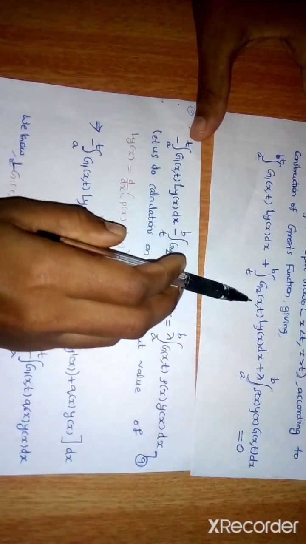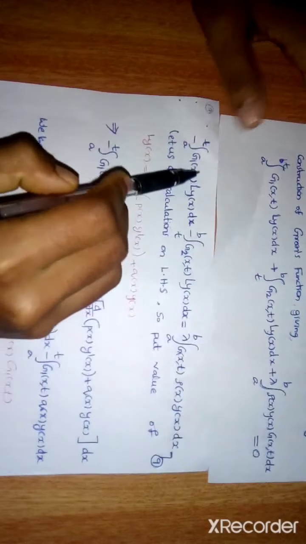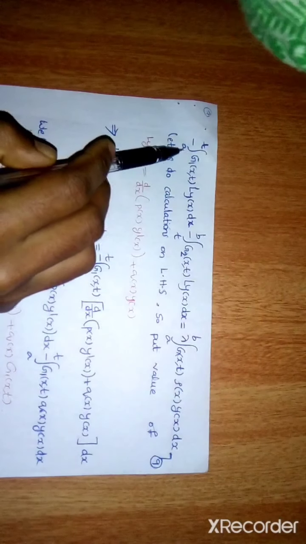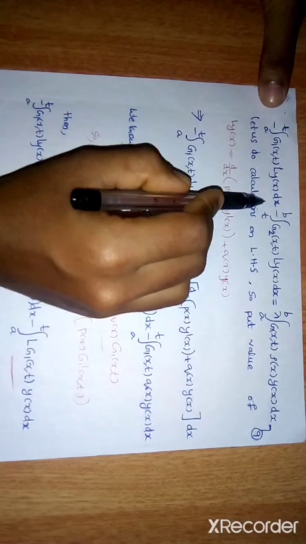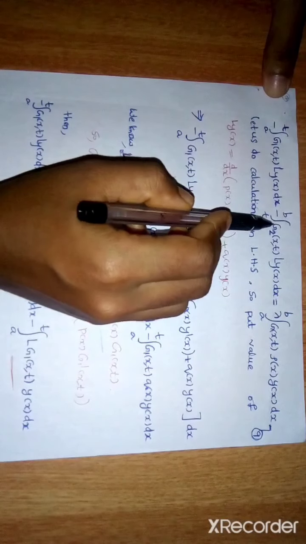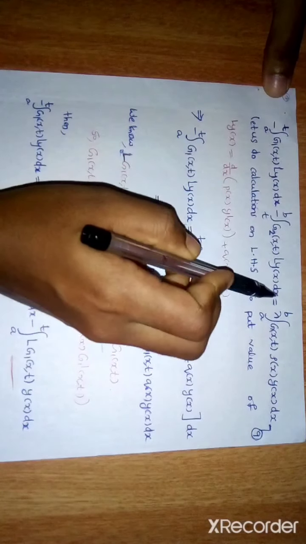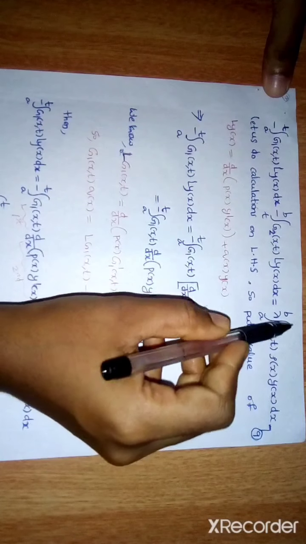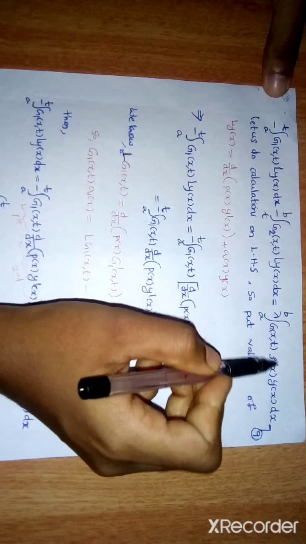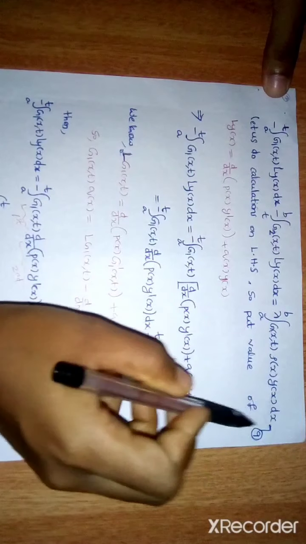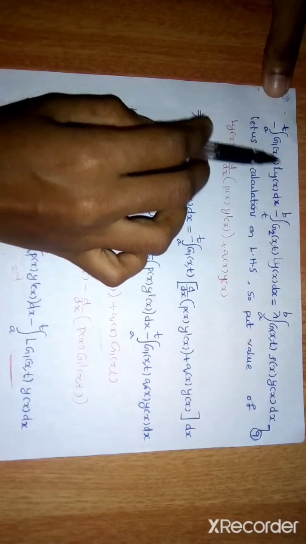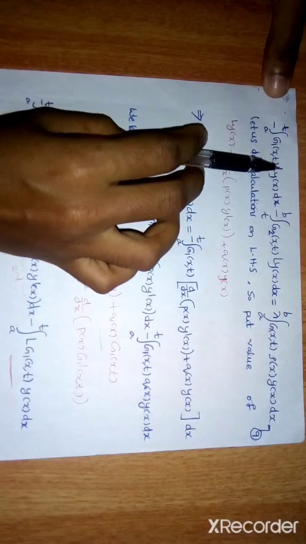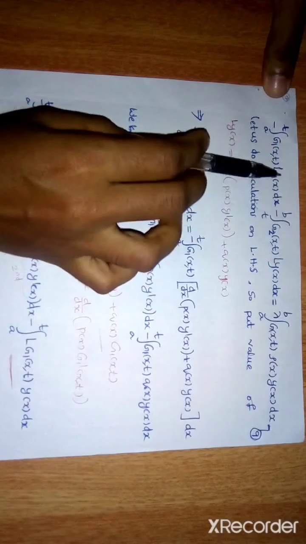Now we are taking these two terms to the right side, then it becomes minus integral a to t g1 of xt Ly of x dx minus integral t to b g2 of xt Ly of x dx equal to lambda into integral a to b g of xt rho of x y of x dx. Put equation number 9. Now let us calculate the left side; each term we have to find out.